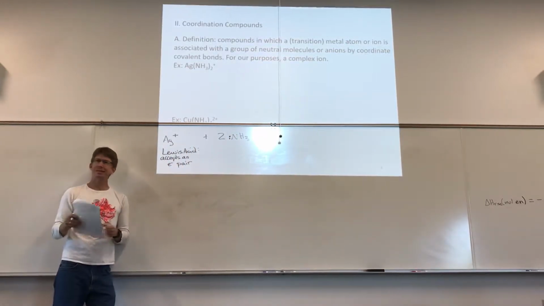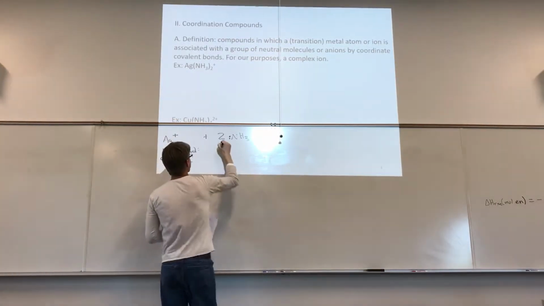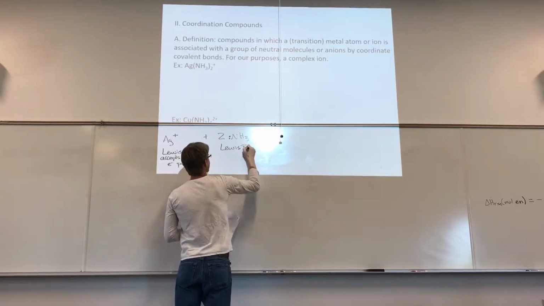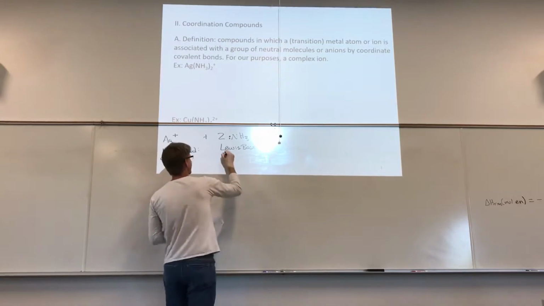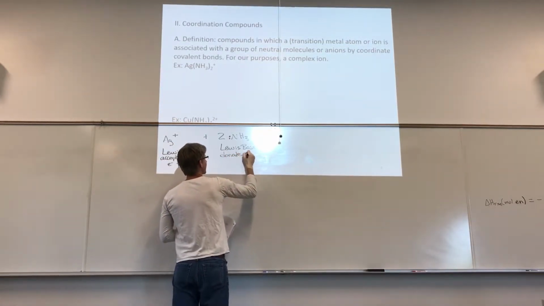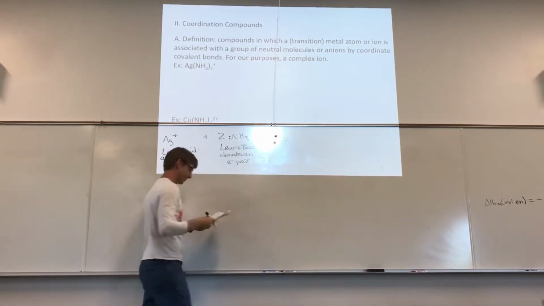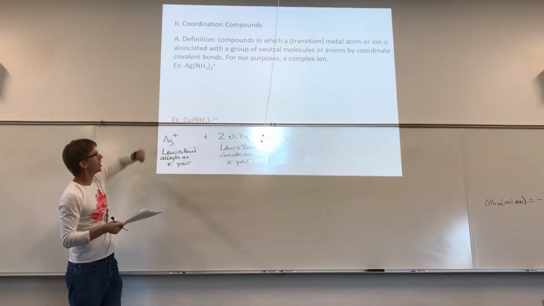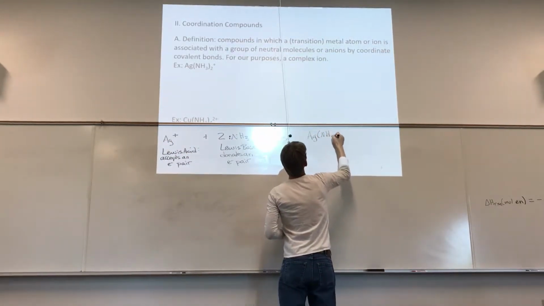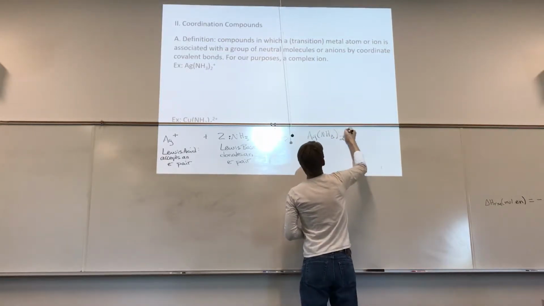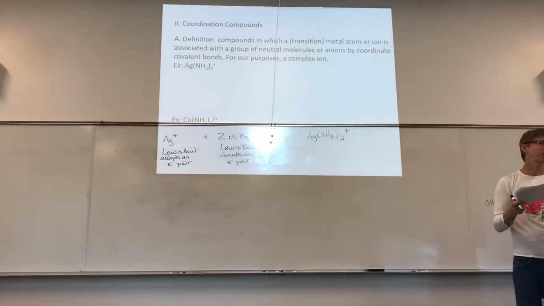Ammonia will be a Lewis base. Ammonia is always a base, and now it's a base again. A Lewis base donates an electron pair. And they're going to make our complex ion and form covalent bonds.